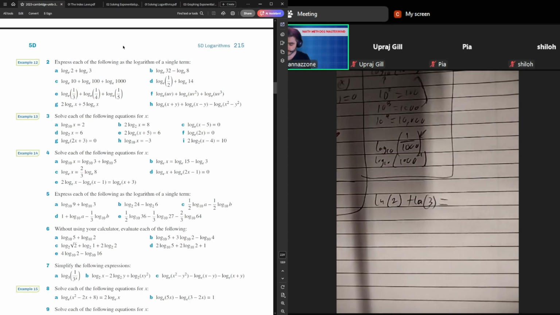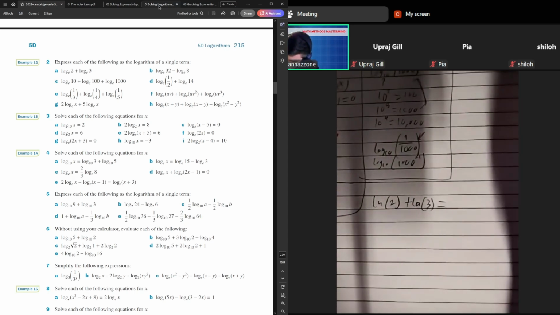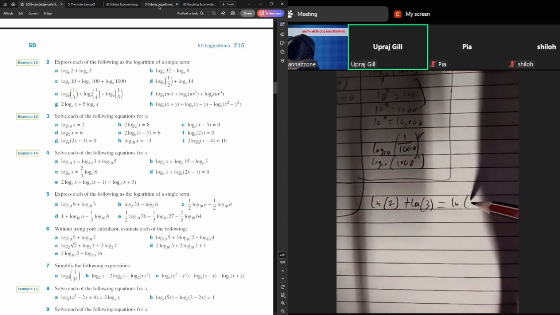I guess I'll remind you, there is no solve here. It's more so just, hey, we have 2 logarithms, I only want 1 logarithm. How would I go about that? Which question are we doing?